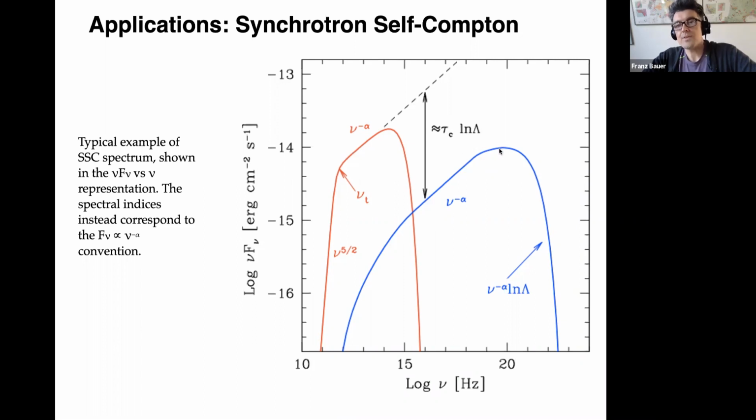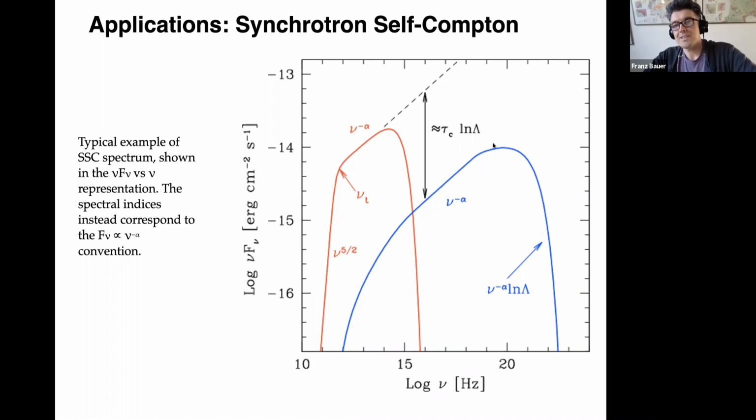And then at some point, we will also get a turnover here, which is partly because of this, but you can see that it's broadened, and that broadening is because of this extra term. And so this is the inverse Compton portion of this initial input spectrum. And so if we looked at a source, we might see, okay, if we had a cutoff here, we might see a spectrum like this.